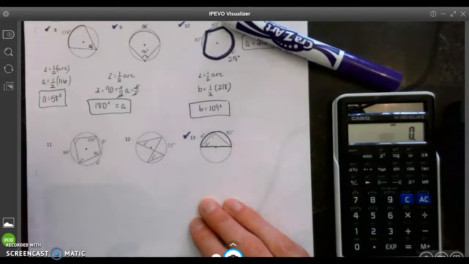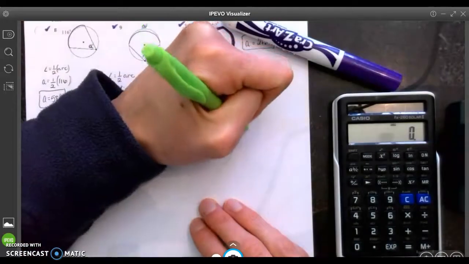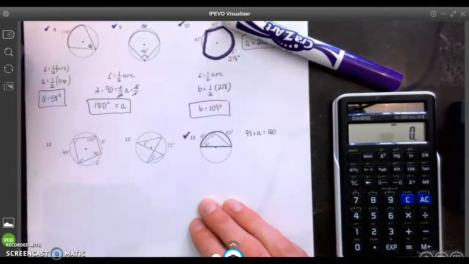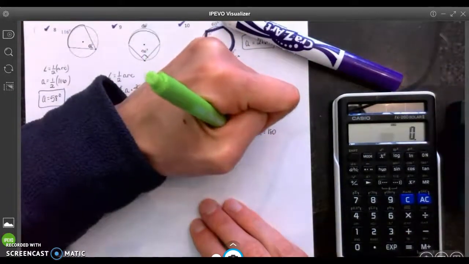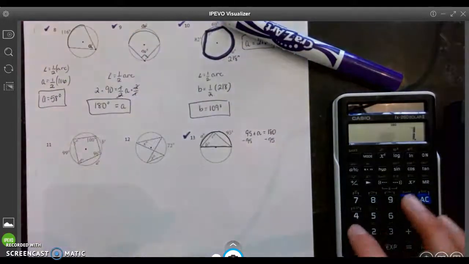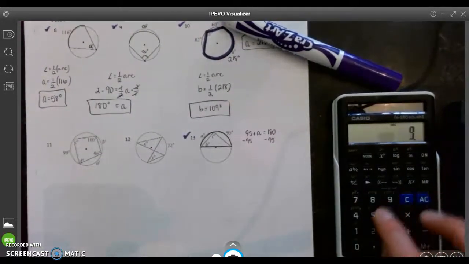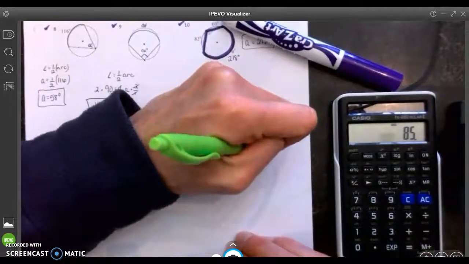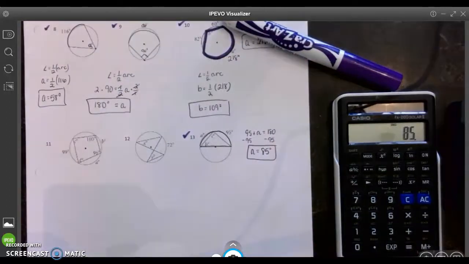So I don't have to use my new formula. I can just take 95 plus A equals 180. Subtract 95 from both sides, because remember a semicircle equals 180. So 180 minus 95, A equals 85 degrees. So A is done.